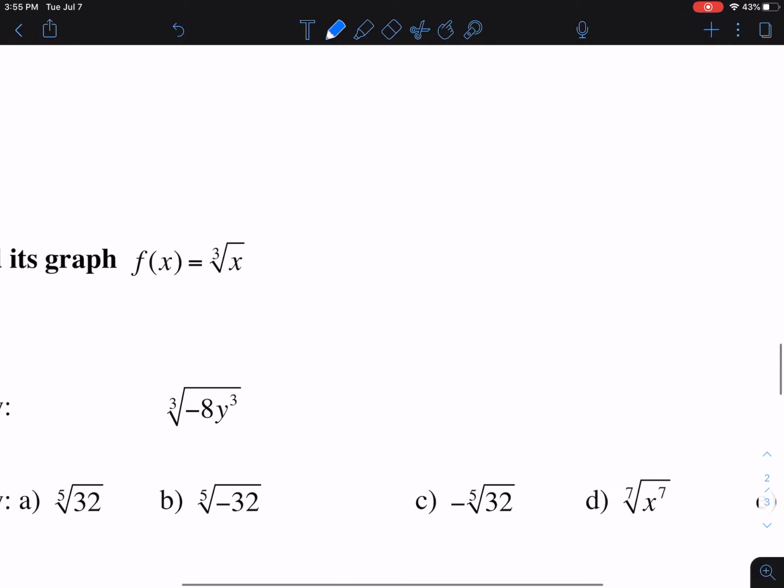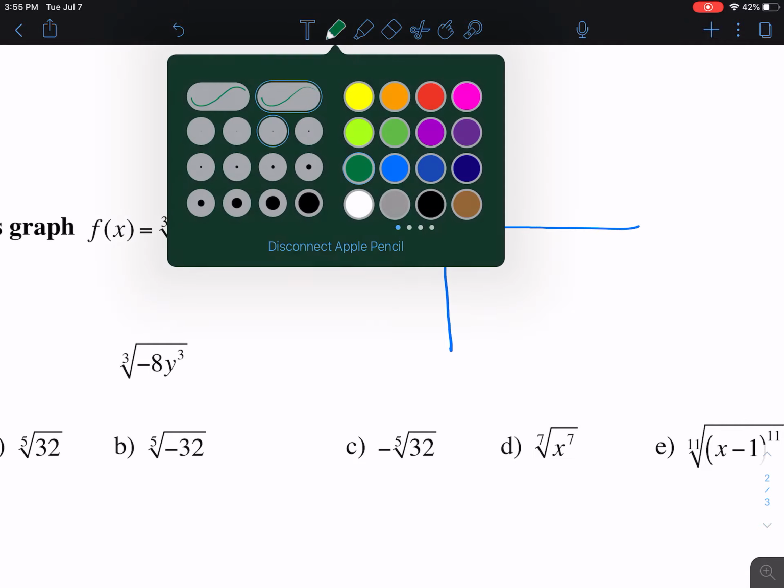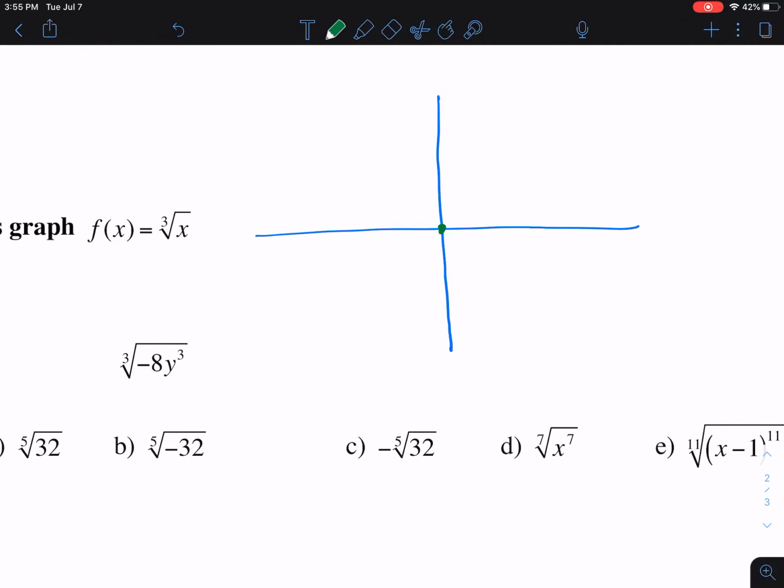For this graph, it turns out that we can use any value of x. If we use x equal to 0, we're going to get 0. If we use x equal to 1, we're going to get 1. The next one is going to be 8 for a perfect cube. So 1, 2, 3, 4, 5, 6, 7, 8, and it's going to be 2.